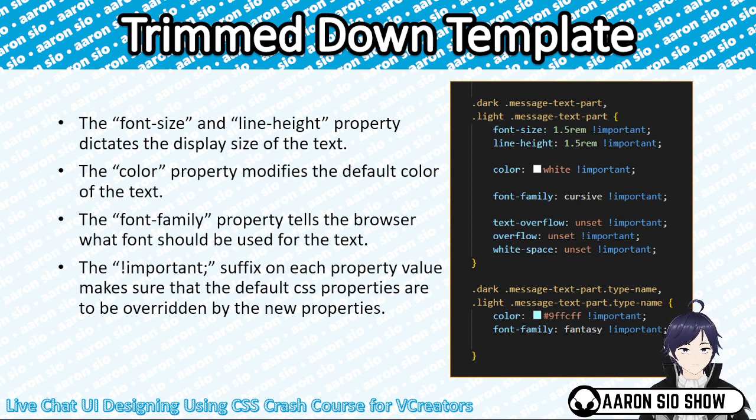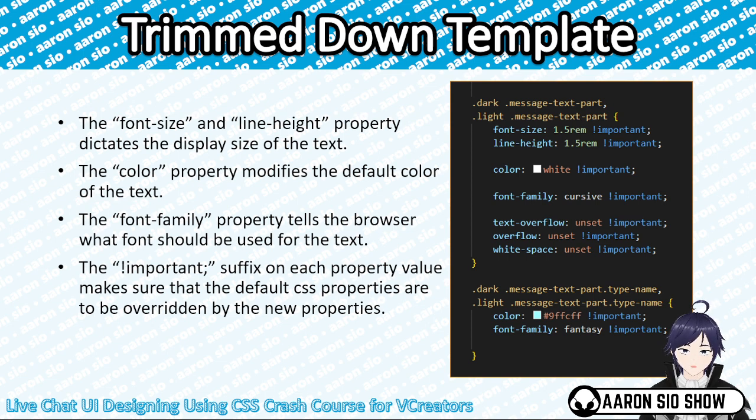And lastly, this one is a very important thing to remember because it is the important property. So this important property suffix should be written with an exclamation point, then important on each property value.